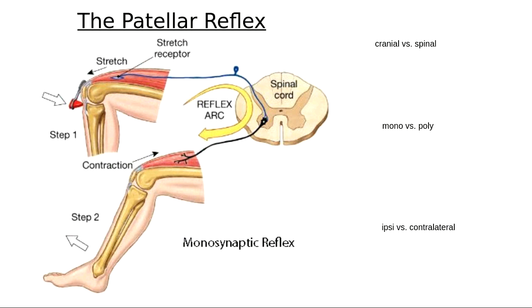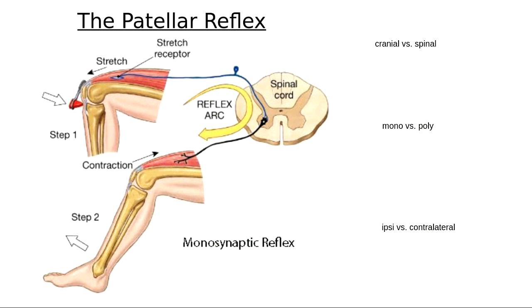When I am talking about classifying cranial versus spinal, this is the location where I do processing. So cranial versus spinal. What do we think from our picture here of the patellar reflex? Would this be cranial or spinal based on our picture? Yeah, absolutely right.